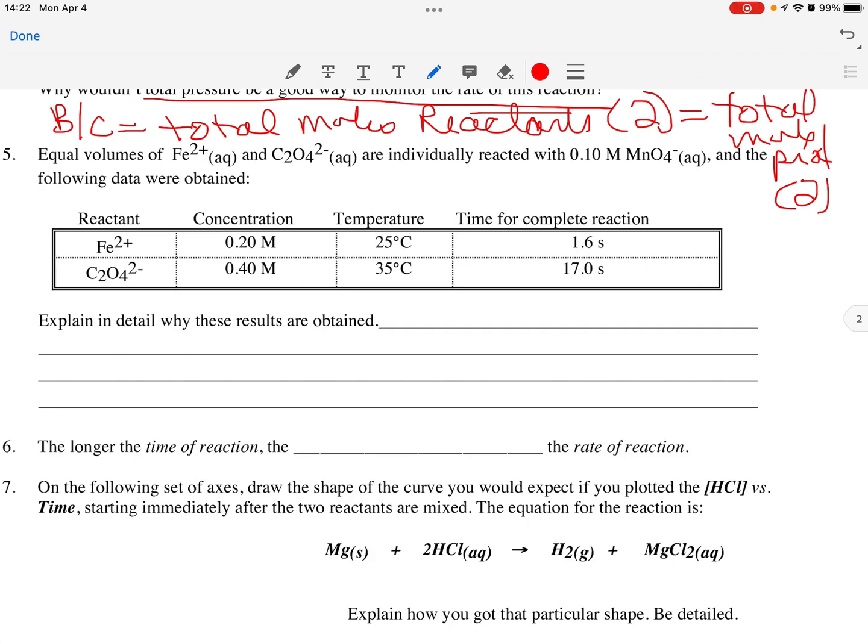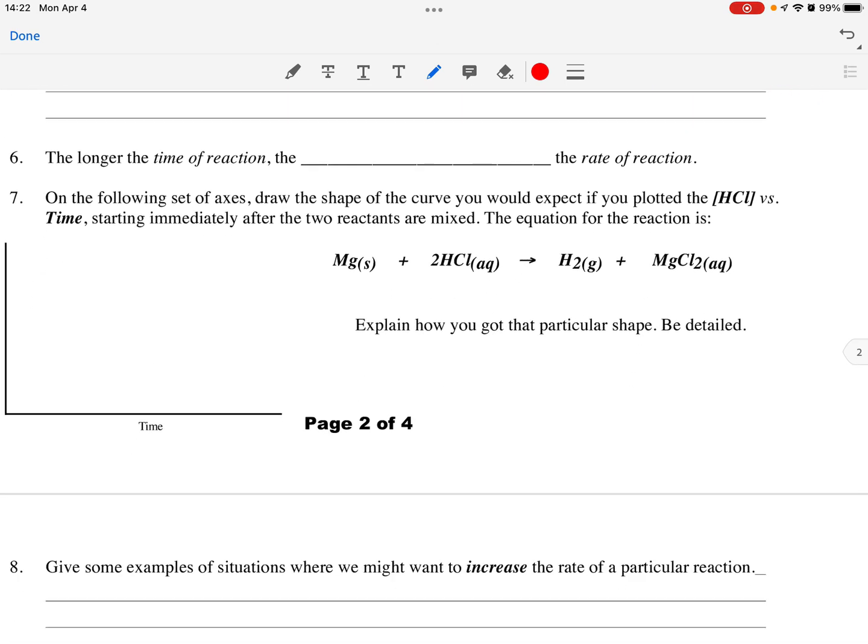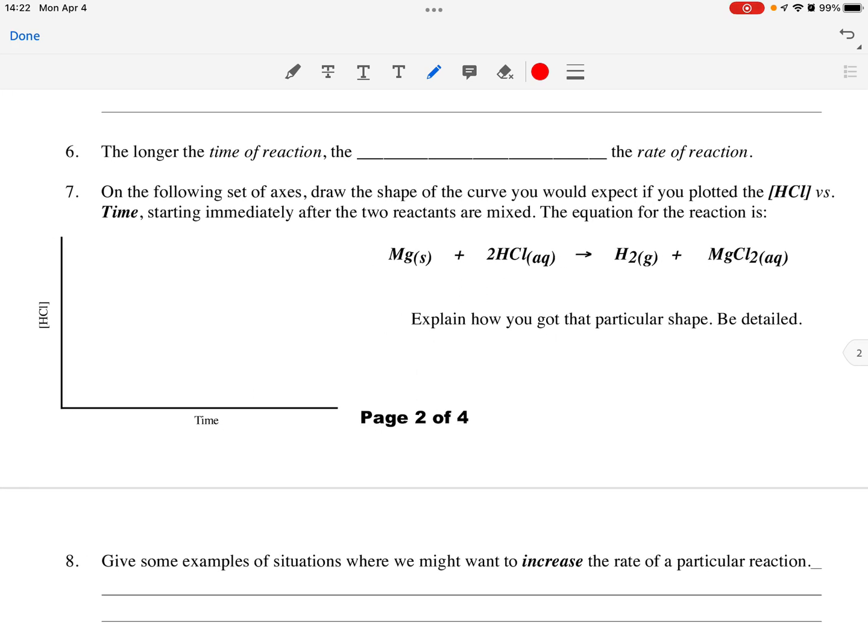Okay, what's next? I don't want to do 5. Okay, let's do this one. Here we've got a graph of hydrochloric acid on the y-axis and time on the x.